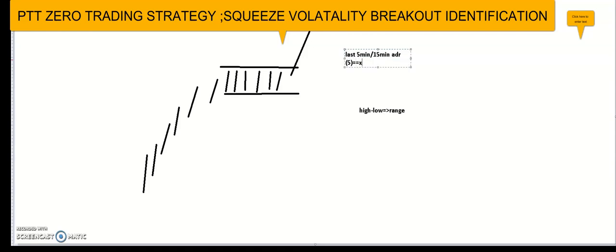That is equal to x, and x divided by the 14-day ADR. If that value comes less than 5%, this entire area is called a squeeze area.